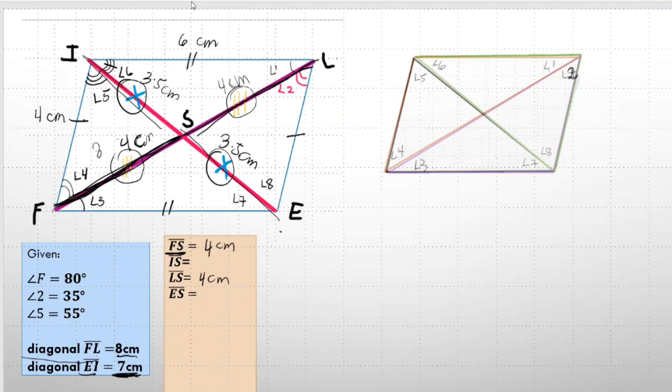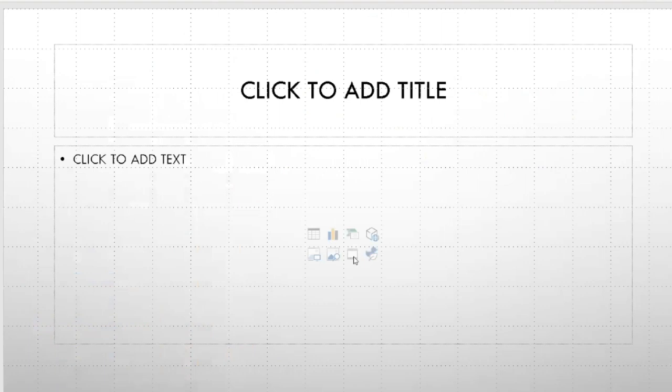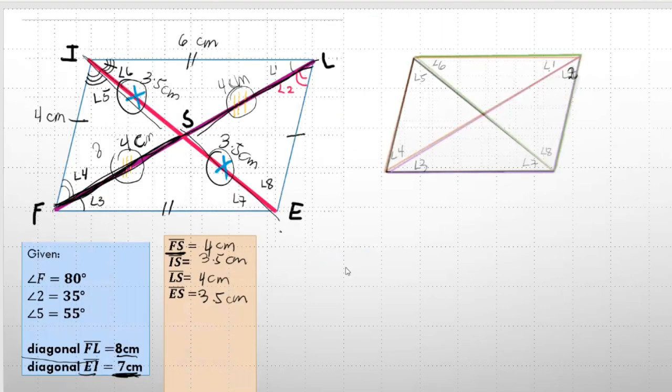So, kaya yung IS natin 3.5 cm and yung ES natin is also 3.5 cm. So, now we already have the measurement of our line segment of our diagonal. So, this is how we find the missing angles and sides of our parallelogram.